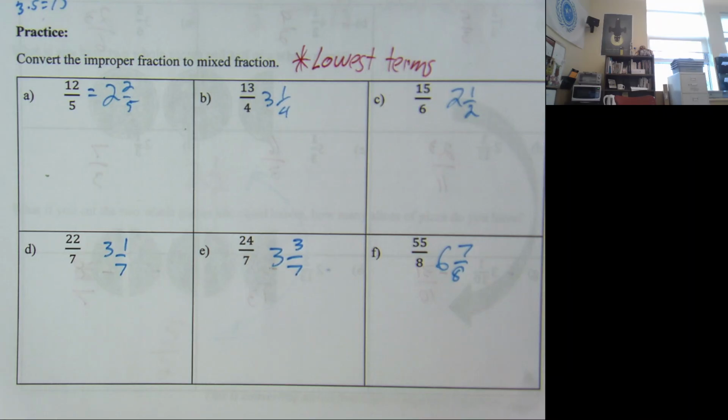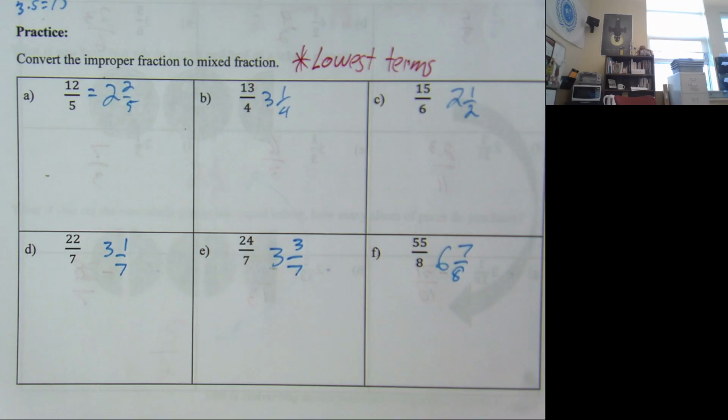Yes? What is the biggest multiple of 5 that's smaller than 12? 5 goes from 5 to 10, 15. 10 is going to be the biggest one. So 10 is what's going to end up taking it. What do you multiply 5 by to get 10?